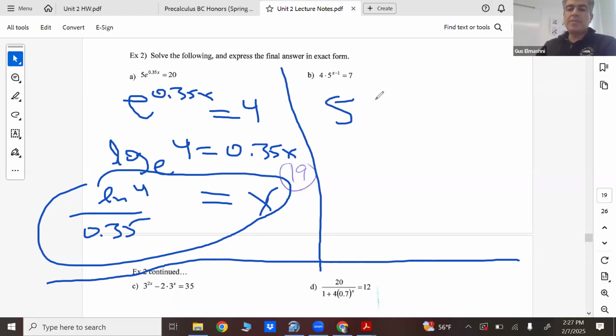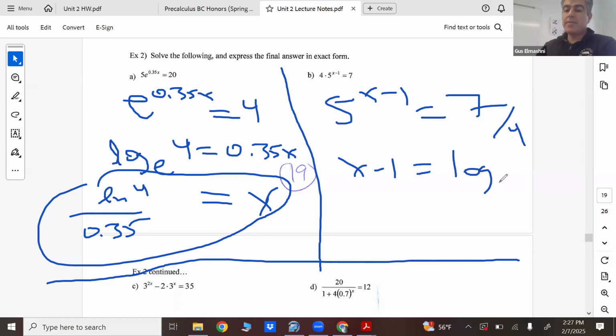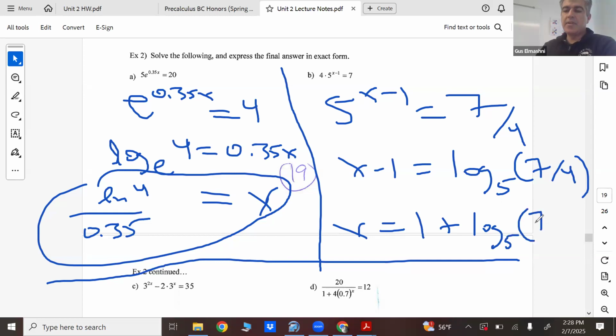Next up, you have 5 to the x minus 1 equals 7/4. So x minus 1 equals log base 5 of 7/4. And then add 1 to that junk, and all is good. So do likewise for both C and D. I kind of showed you a problem like C, right?